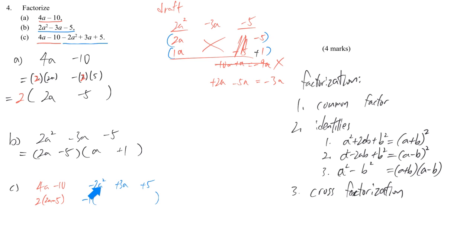If we extract negative 1, this divided by negative will become positive 2a squared. Positive 3a divided by negative, we get negative 3a and also negative 5. Now what is inside is exactly the same as part B, then we can use the result. If they are not the same, then of course you can't apply the results here. So this is minus 1 times 2a minus 5, a plus 1.